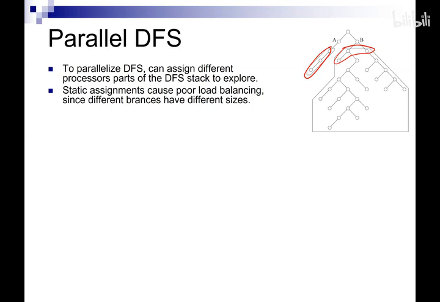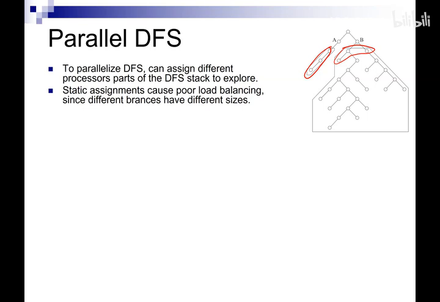But it's possible that this left branch over here is a very small branch. Even though you've assigned 3 nodes, as you keep exploring, there are no additional nodes in this branch. Whereas the one on the right can be a very deep branch, and there can be many nodes among the descendants.